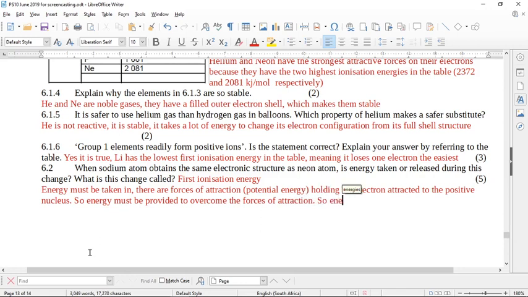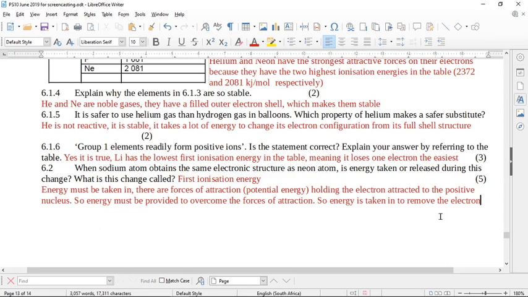So energy is taken in to remove the electron. Now these 5 marks are kind of excessive. You sort of have to thumb suck, because normally it's 1 mark per fact, and this is a bit wishy-washy for 5 marks.